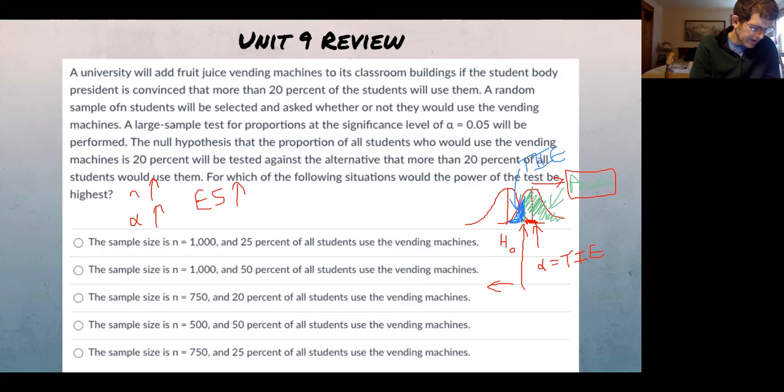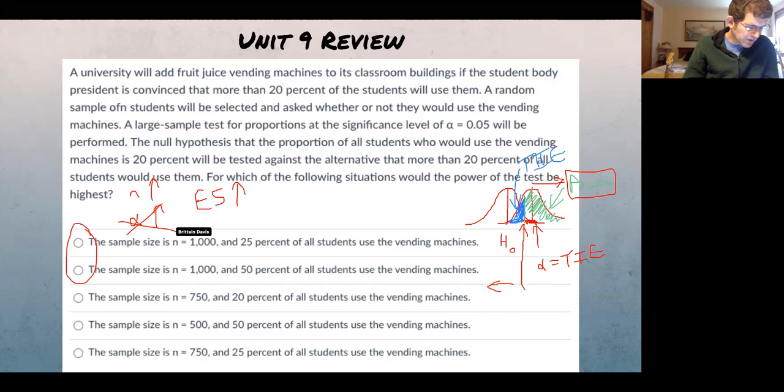So now that we've done that, we will look at our answers. We want the biggest sample size we can find. So the biggest sample size is right here, these two. And between these two, we want the biggest alpha, but that doesn't seem to be an option. So I'm just going to cross that one out.